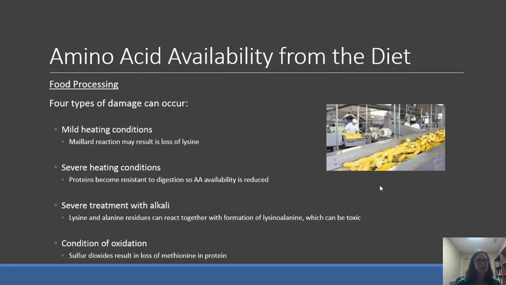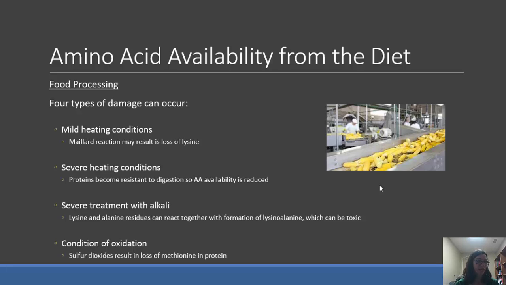We also know that damage to amino acids can occur in severe heating conditions, so proteins can be resistant to digestion and their availability becomes reduced. Damage to amino acids and therefore decreased availability can also occur from severe treatment with an alkali product or under oxidation.